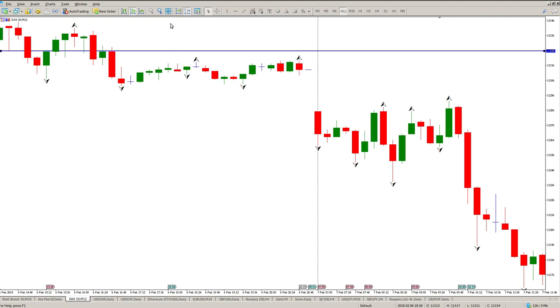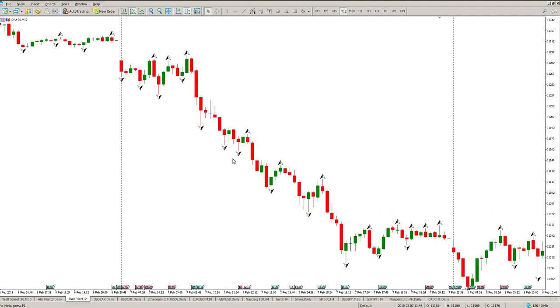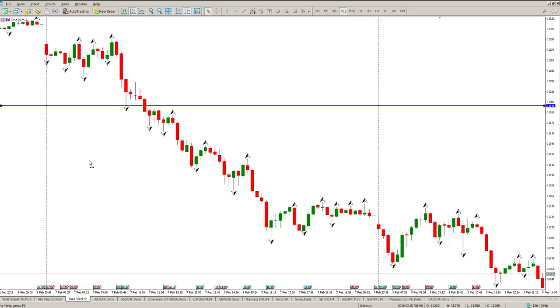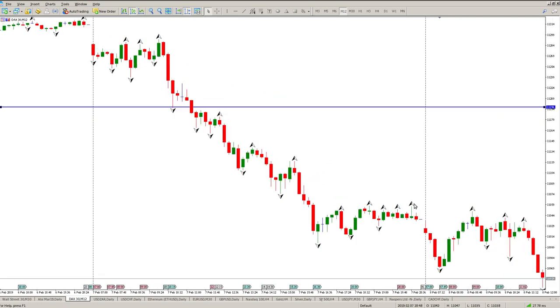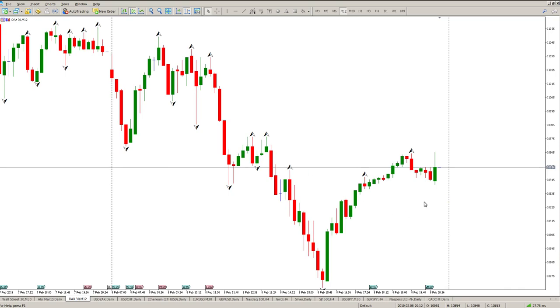So what I'm going to do here is zoom out a little bit. I want to clear that out. And now what I want to do is show you one of the ways that I trade fractals. So the first thing that I do, we're going to have to pretend that to the right here there's nothing happening, and the age-old saying, it's so easy to look at this now after the fact.